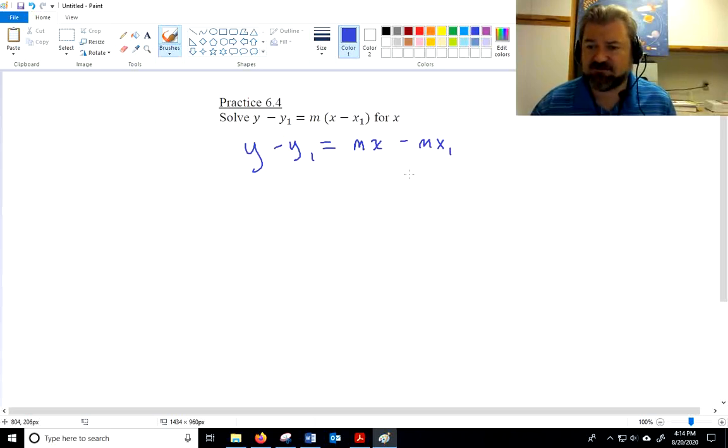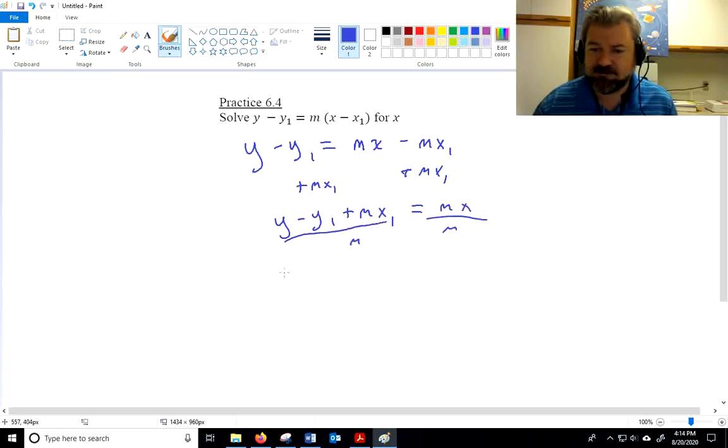So solving for x, I need to add m x1 to both sides. So I get y minus y1 plus m times x1 equals mx. I'll divide both sides by m, and I get y minus y1 plus mx1 all over m equals x.